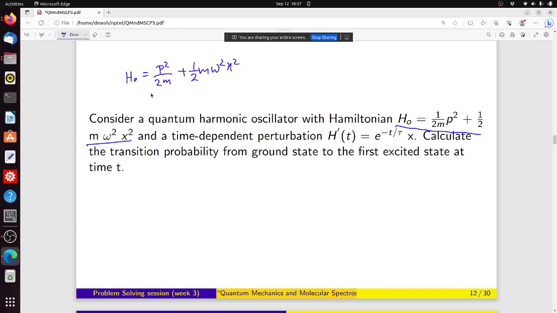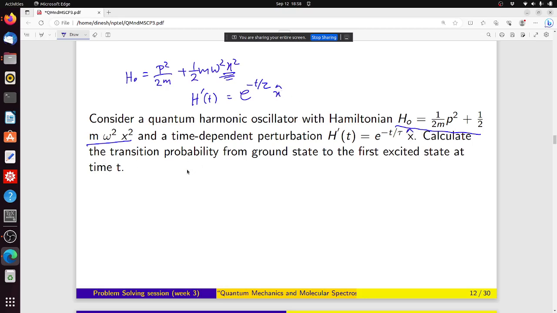From this Hamiltonian you can easily identify this is a simple harmonic oscillator Hamiltonian, right? Because you have the x square term here, and our time dependent perturbation H prime is given as e to the minus t over tau, x actually.